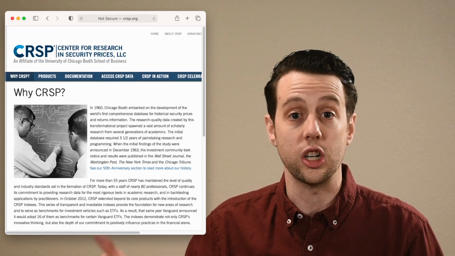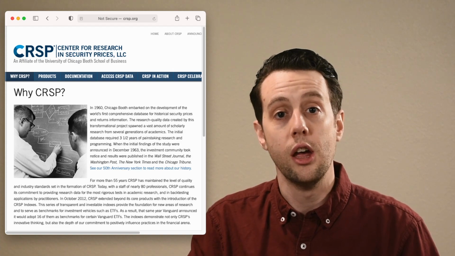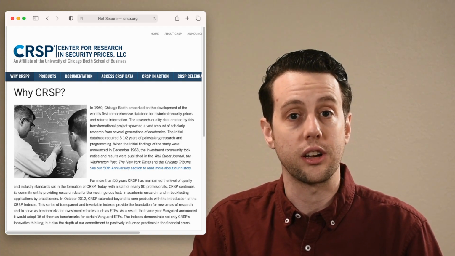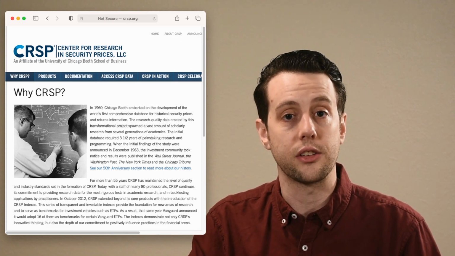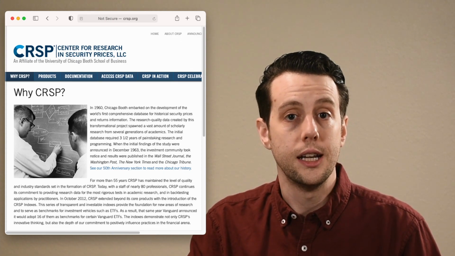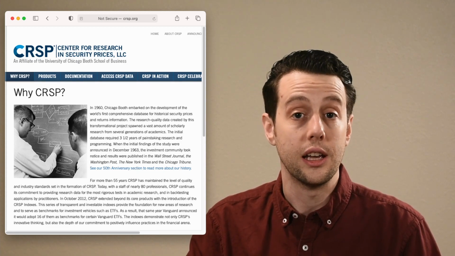They provide research, data, and benchmark indices to academic institutions and companies around the world. Vanguard uses 16 of their indices for various funds, and the Total Stock Market Index is one of them. Vanguard also licenses indices from other companies for other funds.